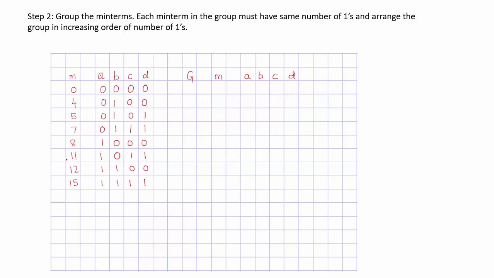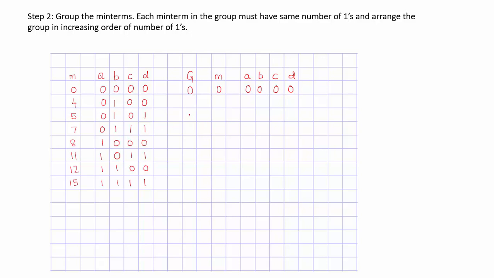The least number of ones among the given minterms is there in minterm 0. That is, it does not contain any 1. So group 0 will have minterm 0 and ABCD will be 0, 0, 0, 0.